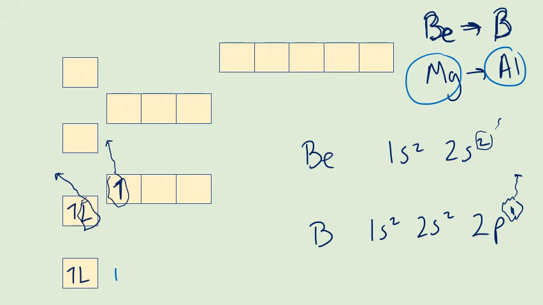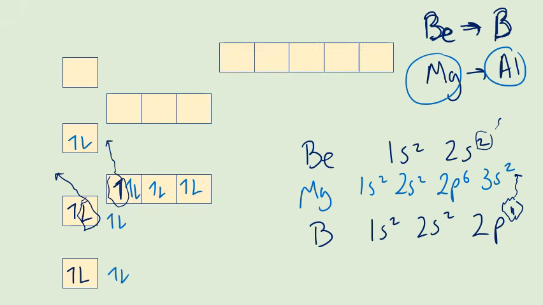Magnesium, with 12 electrons, is 1s2, 2s2, 2p6, 3s2.